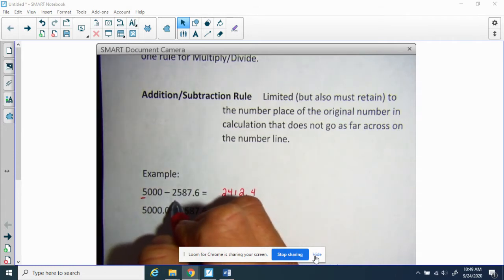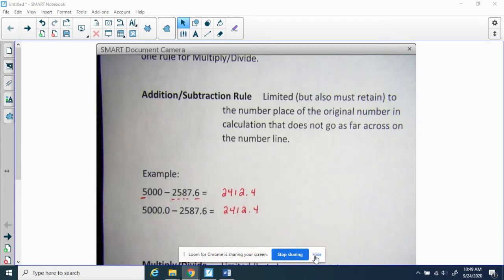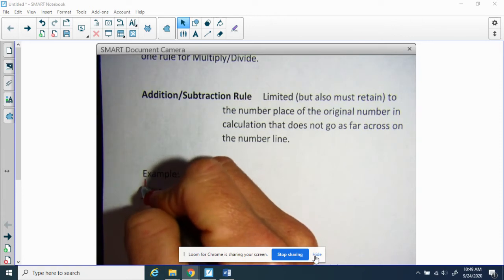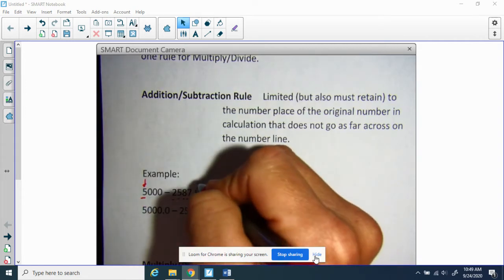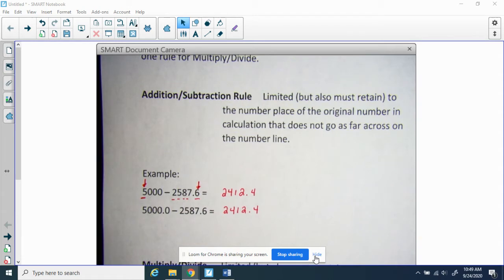Looking at 2,587.6, I know that all of those are because they're 1 through 9. Now when I read this number left to right, the one that goes all the way to the right, the very last one to the right, is where my last significant digit is located, or significant figure. So in this case, it goes over to the 6.